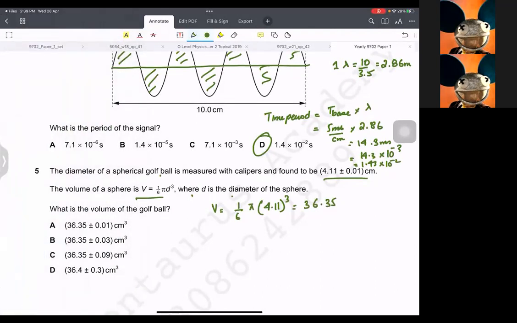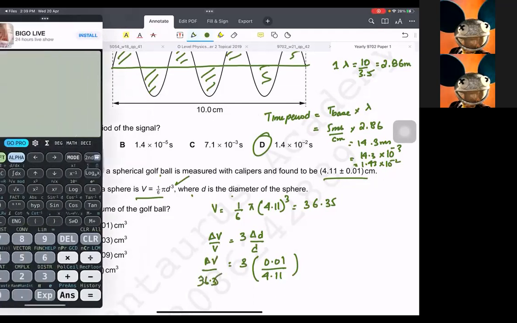So, all right. And then I will do change in volume over volume equals change in d over d, because there is no other variable, and then multiply by 3 because there is a cube over it. 0.01, and here 36.35.